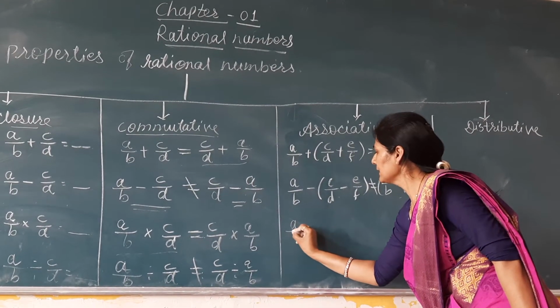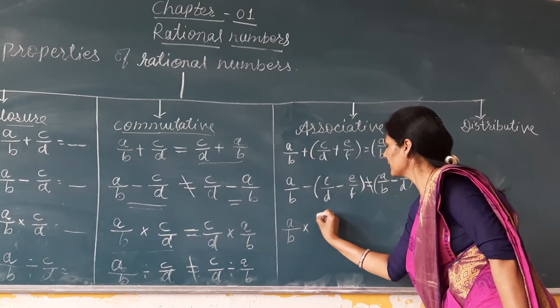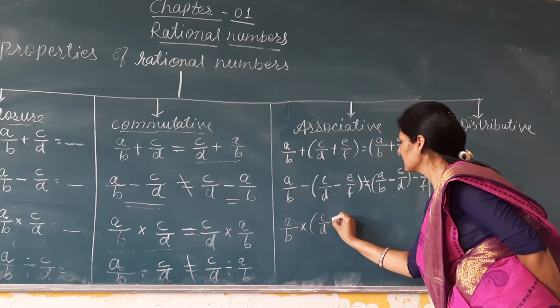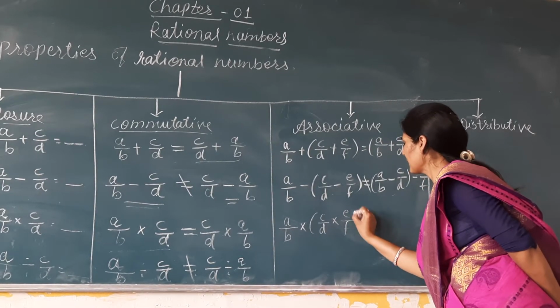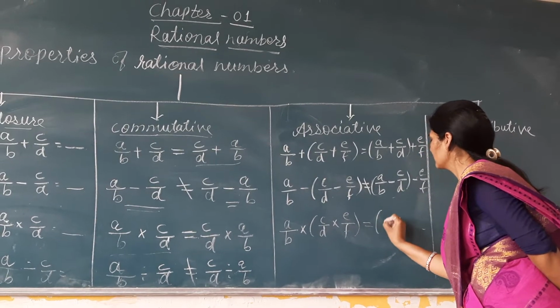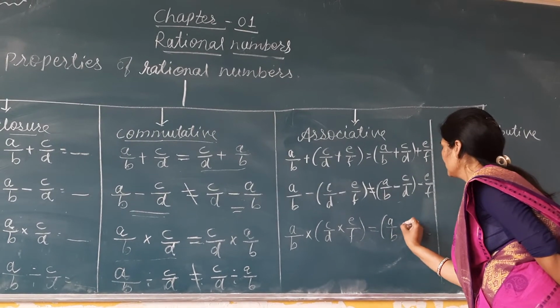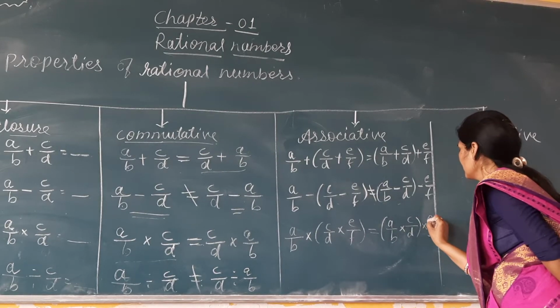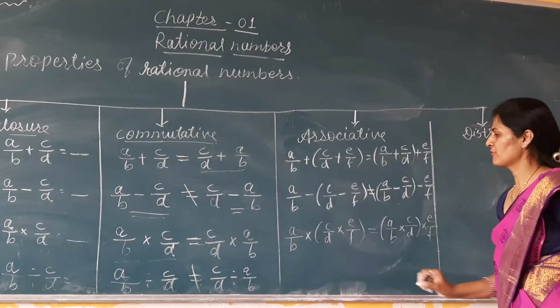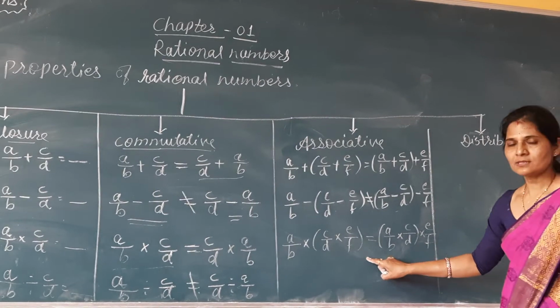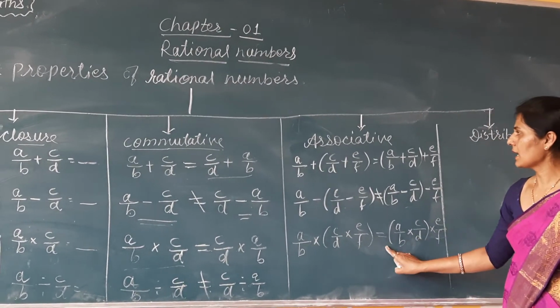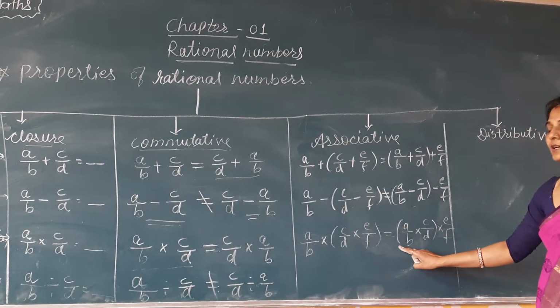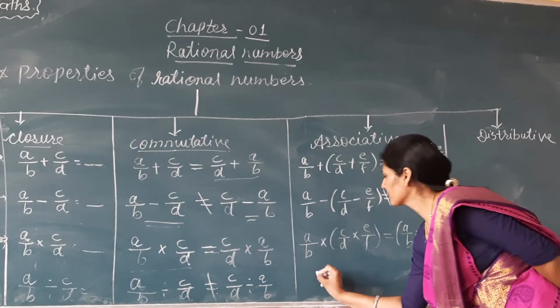If we have again A upon B multiplied by C upon D multiplied by E upon F is equal to A upon B multiplied by C upon D multiplied by E upon F grouped differently. This means rational numbers are associative under multiplication.